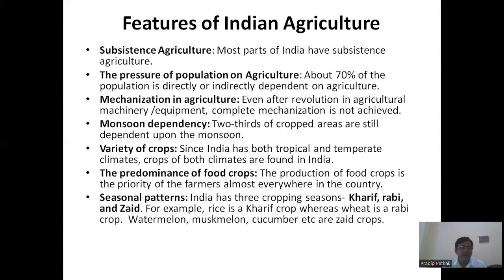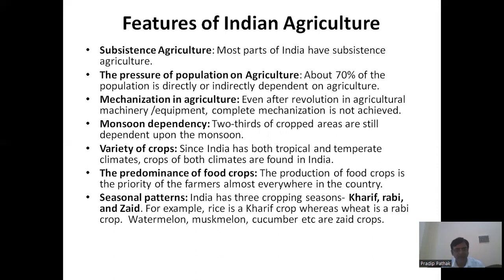Now let us see the features of Indian agriculture. As I told you, subsistence agriculture is present in the majority of the parts of the country, and the population is rising like anything. 70% of the population is directly or indirectly dependent on agriculture, which is really too high.